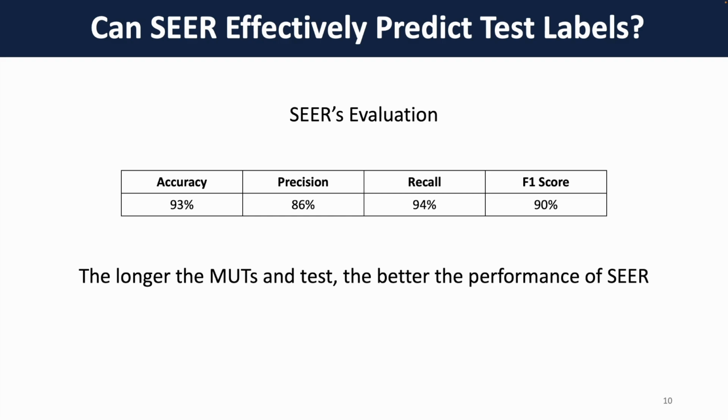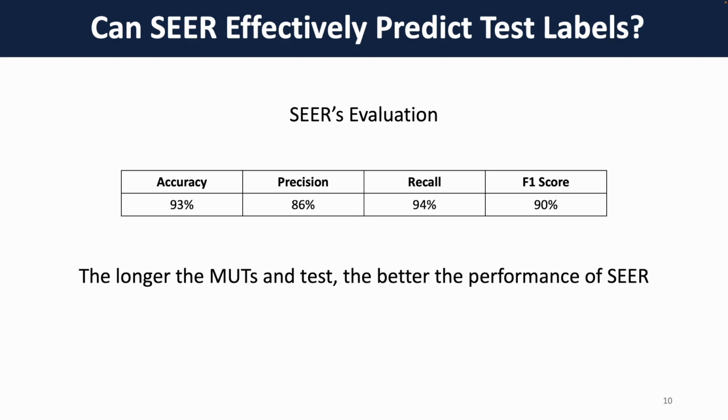Now coming back to research question 1, in this slide you can see the evaluation of SEER on the test set. In order to make a fair evaluation, we decided to keep the same project distribution in the training, validation, and test set. The total size of the test set is 5,080 instances, which is roughly 5% of the whole dataset.